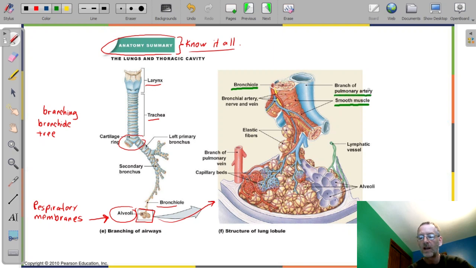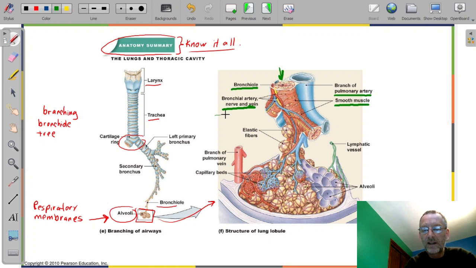So we have airways and capillaries meeting for the gas exchange. And notice that along the bronchiole, which is on the left, there's a bronchial artery, a bronchial nerve, and a bronchial vein showing. So this is blood supply that is feeding the bronchiolar smooth muscle. This is not blood that's going down to the pulmonary capillaries. This is a separate blood supply.